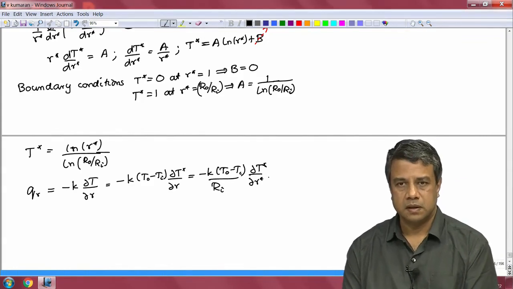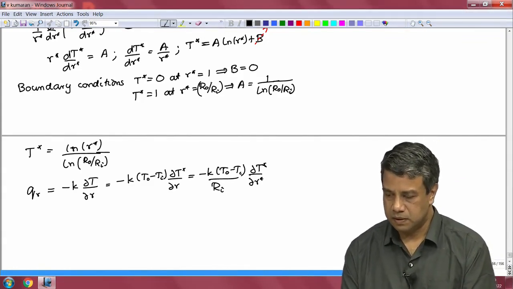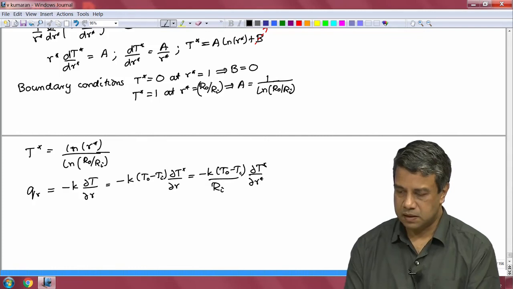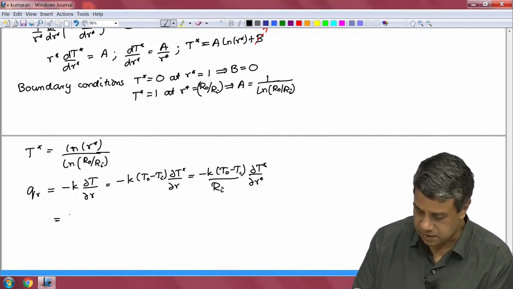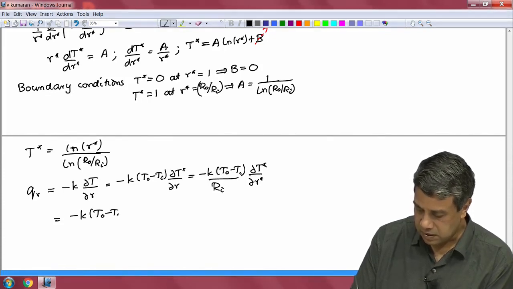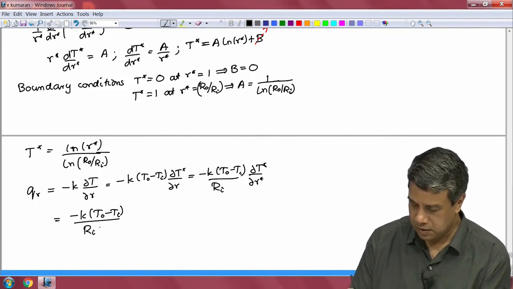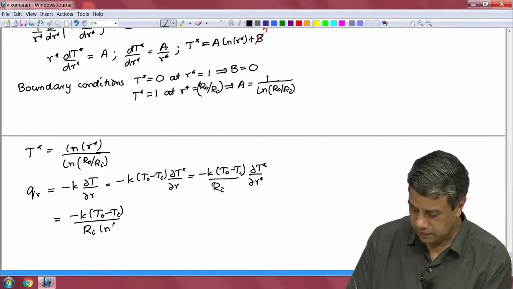T star is equal to A times log r star. So, this derivative just becomes equal to minus K into (To minus Ti) by Ri, into 1 over log of Ro by Ri into r star.